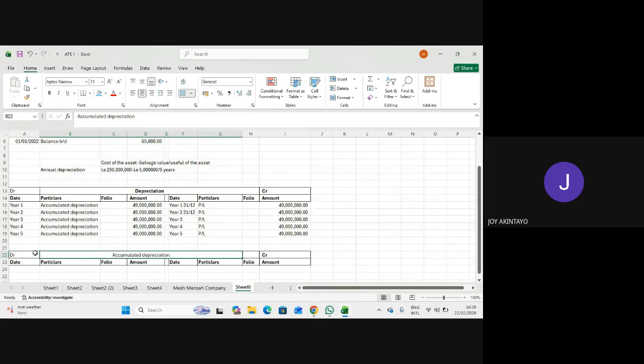So the next thing now is all this one, you pick one after the other. Year 1. So we'll bring it from depreciation accounts. How much? 49. Are you getting it?